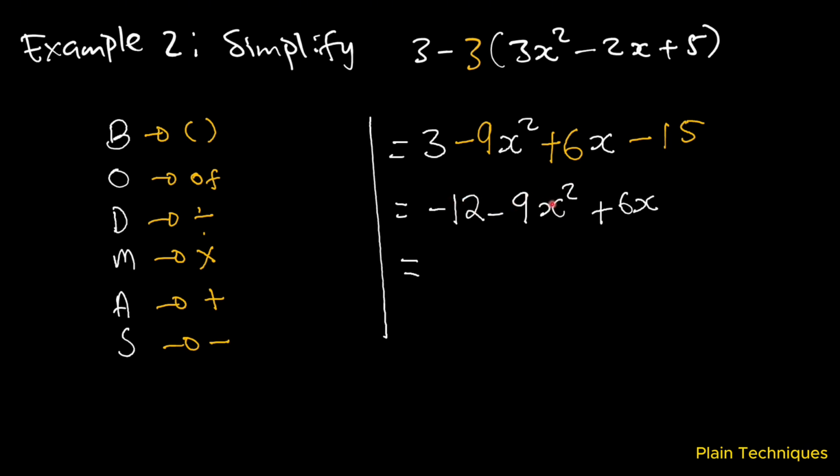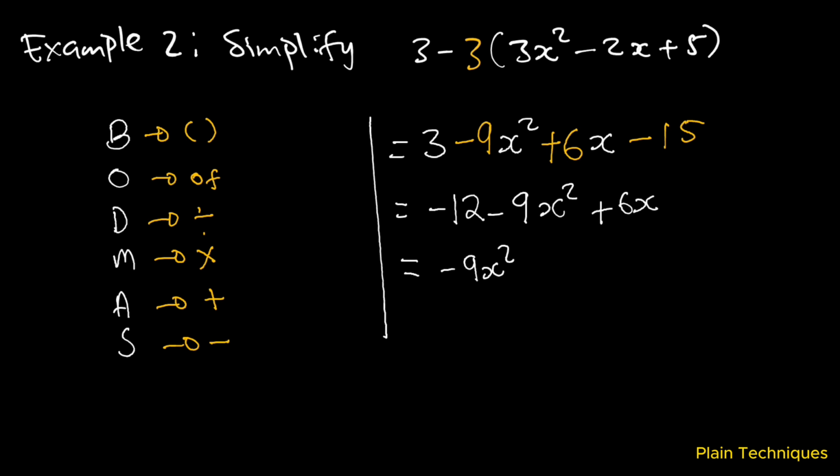The one with the highest exponent is minus 9x squared. I'm going to go ahead and write that minus 9x squared. Which one has the next highest exponent? It's 6x, so it's positive 6x.